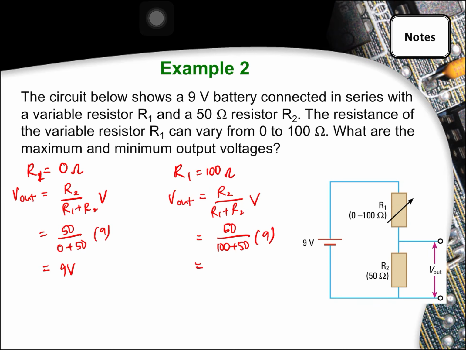You get 50 divided by 150 times 9. You get 3 volts. So this is our minimum V, this is our maximum V. And you can see that minimum V happens when your R1 is the largest, right? Which makes sense because when R1 increases, it means that V1 increases. When V1 increases, V out decreases. Okay, that makes sense.